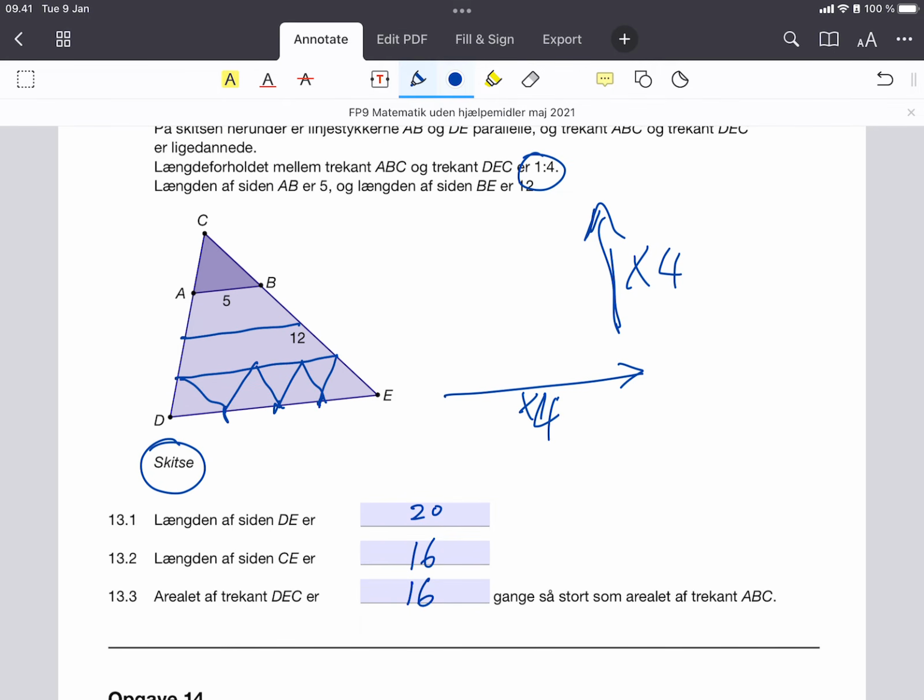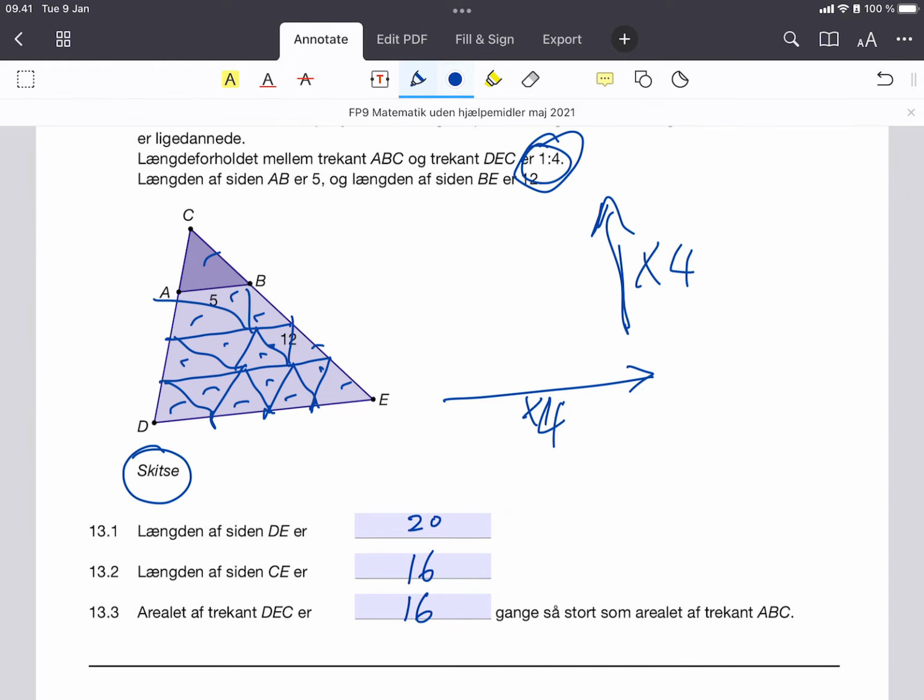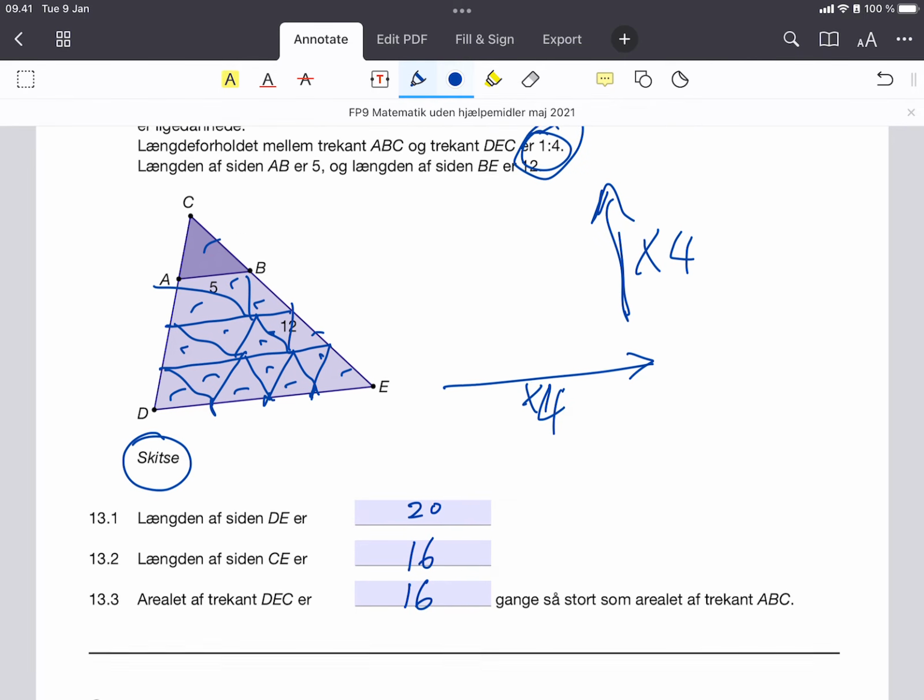You can fit 1, 2, 3, 4, 5, 6, 7, 8, 9, 10, 11, 12, 13, 14, 15, 16 of them in, which would be the same as one another if the diagram wasn't wonky in the first place. But length ratio 1 to 4, area ratio 1 squared to 4 squared, which is 1 to 16, so it's 16 times as much.